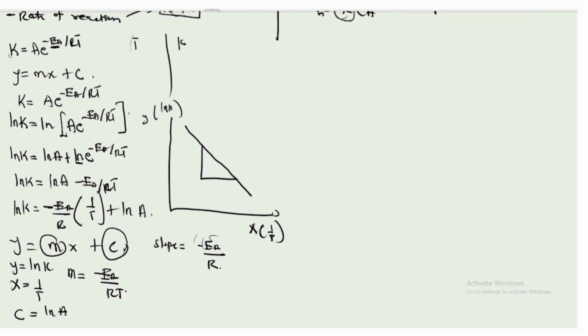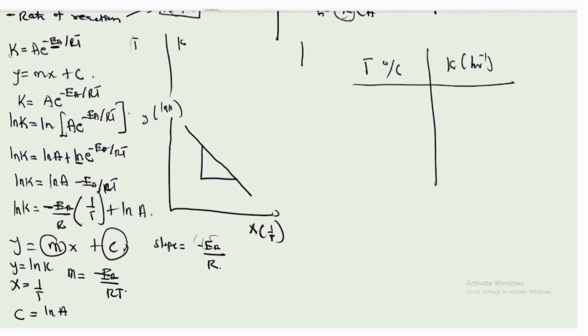So we can try one example here. Let's assume that we have a reaction which is a first order reaction, and from experiment we've gotten temperature, in degrees Celsius, against rate constant, per hour, because we are assuming it's a first order reaction.